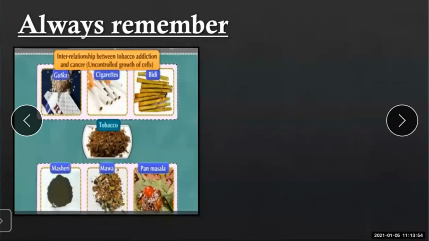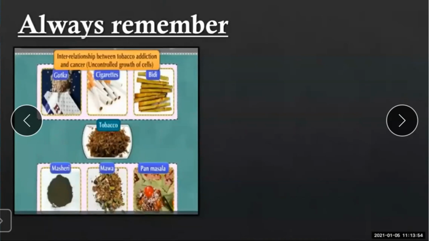Tobacco consumption can also lead to shortening of lifespan, chronic bronchitis, pericarditis, cancer of the lungs, mouth, pharynx, pancreas, urinary bladder, etc. Not only gutka, cigarettes and bidi, but also masheri, mawa, pan masala, all those things are not good for our health.